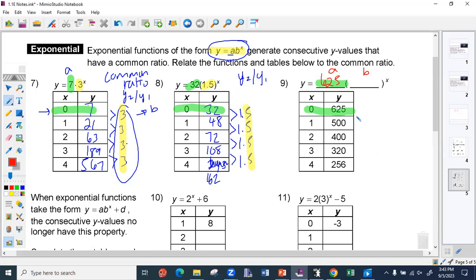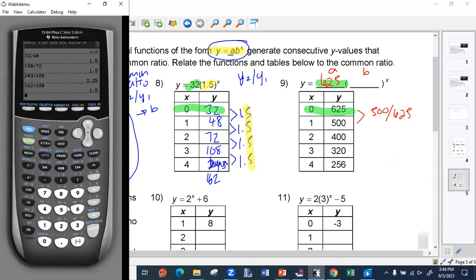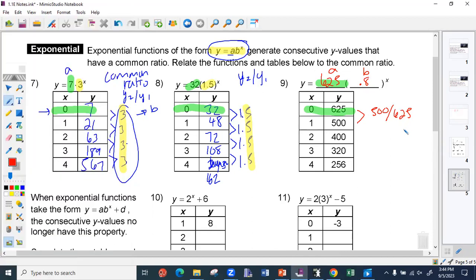Okay, how do you find your b? Divide. So I'm dividing 500 divided by 625, right? That's my common ratio. So my common ratio is 0.8. So that's the equation that would fit this.